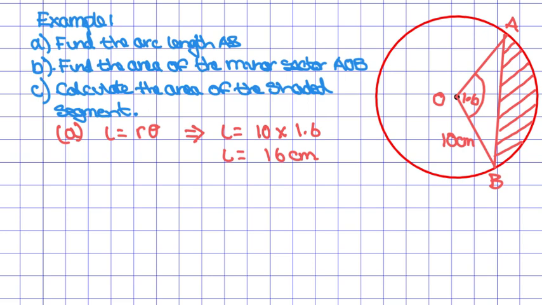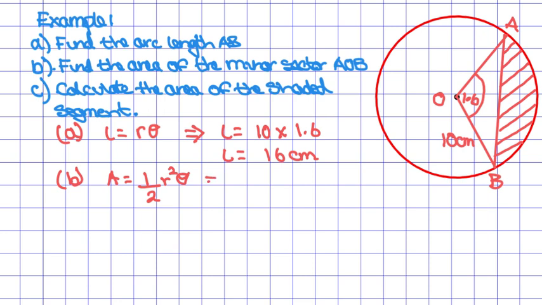Part B. Find the area of the minor sector AOB. So what we want is this sector here. So we have a formula for the area of a sector. The area equals a half r squared theta.